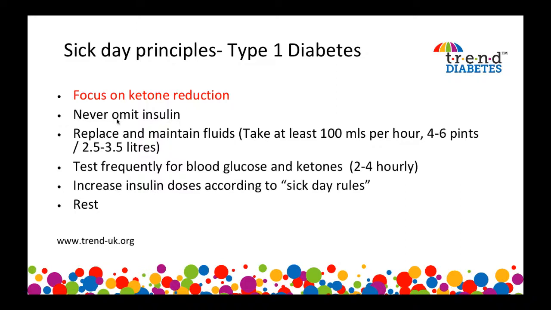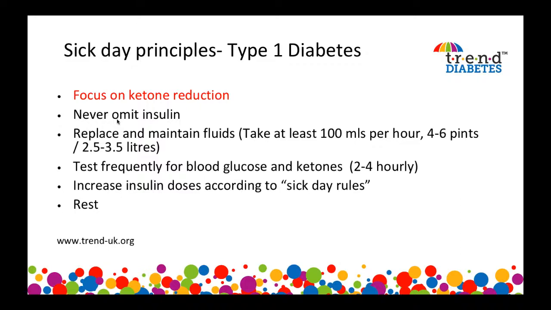She would need to be able to maintain a fluid intake, so at least 100 mils per hour, up to 3.5 litres. She needs to be able to drink plenty to correct her dehydration. And we want her to be able to test frequently for blood ketones and for glucose. Also she would need to rest.